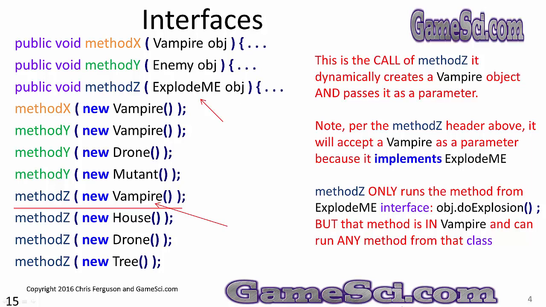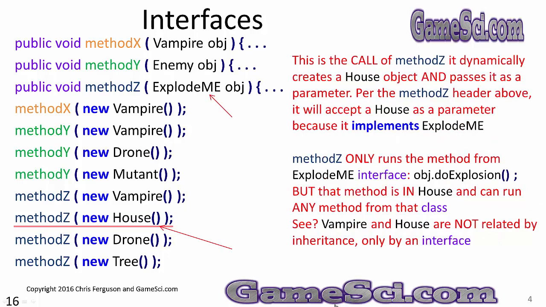Method Z only runs the method from the ExplodeMe interface. It'll do an object.doExplosion. But that method is in the Vampire class and can run any specific method from that Vampire class. Method Z with the parameter new House. This is a call of method Z.